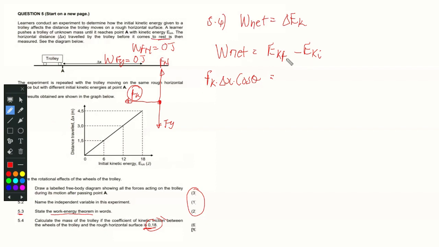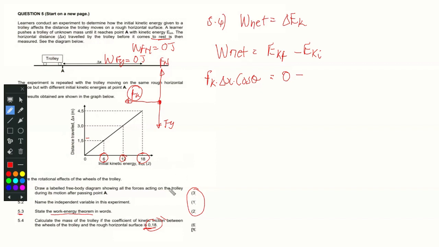So when it comes to rest, our kinetic energy will be 0. Remember, these experiments are being done with the first one given an initial kinetic energy of 6, the second given an initial kinetic energy of 12, and then they do the experiment a third time with the maximum initial kinetic energy they can possibly give, which is 18.